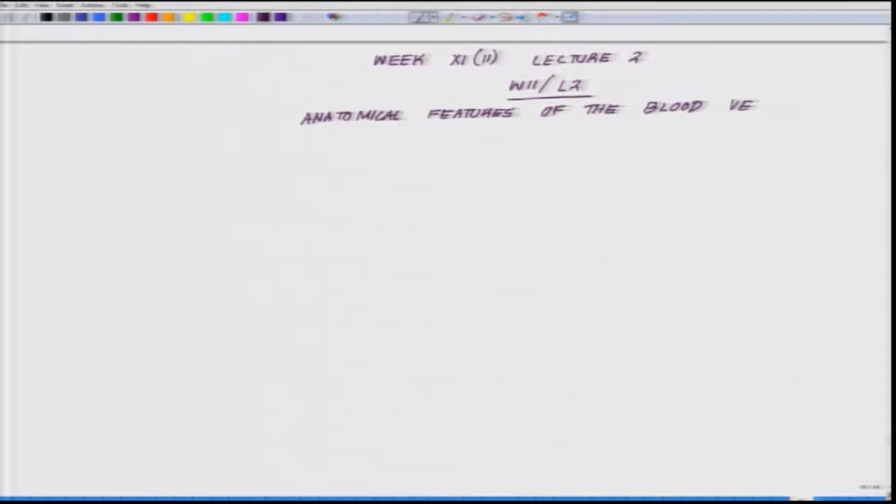So we are into week 11, lecture 2. About anatomical features of blood vessels.